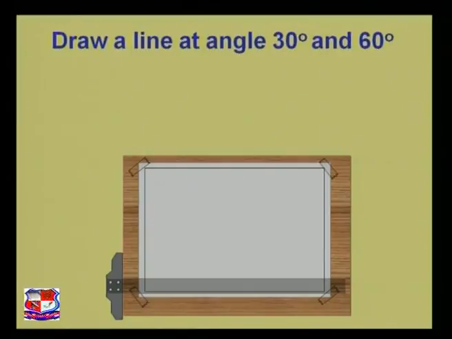What if we want to draw an angle of 30 degrees or 60 degrees? You must know that your set squares come in a set of two. One set square is of 45 degrees, which means our total angle would be 90 degrees. The sum of two angles must be 90 degrees to complete any sort of triangle.